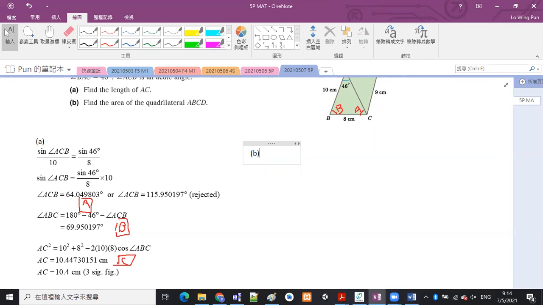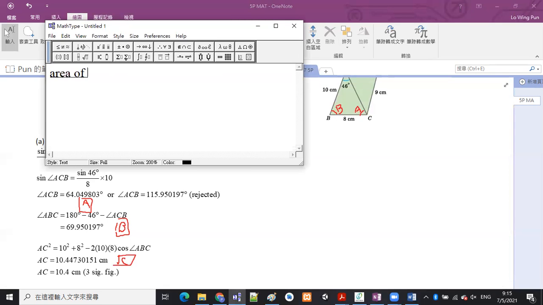Okay, so I'm going to use half times 8 times 10 times sine angle B to calculate the area of triangle ABC. One over 2 times 10 times 8 times sine angle ABC.